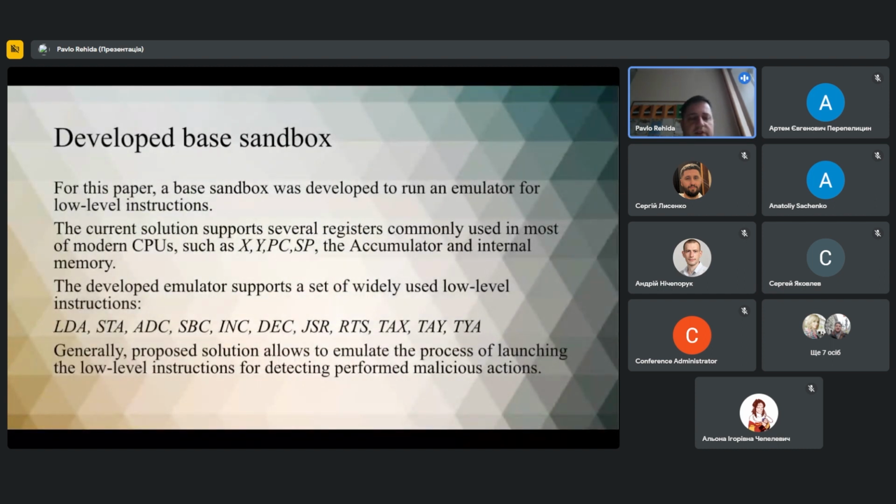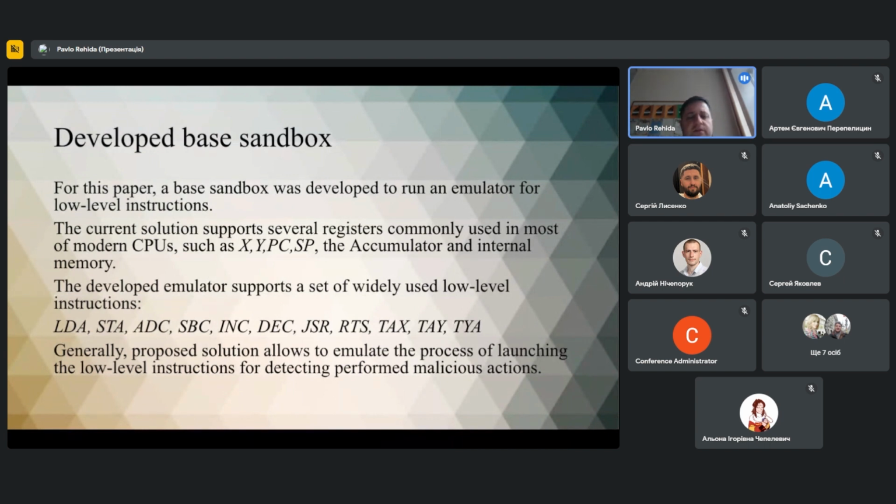In this work we present a base sandbox, which was developed to run an emulator that can implement and run some low-level instructions. The current solution supports several registers that are commonly used in most modern CPUs, such as X, Y, PC, and SP, and the accumulator and internal memory.